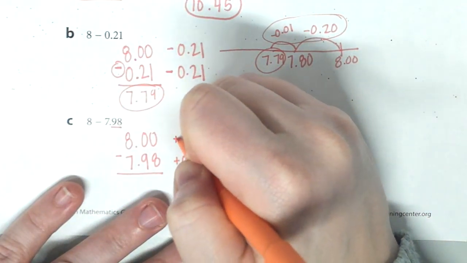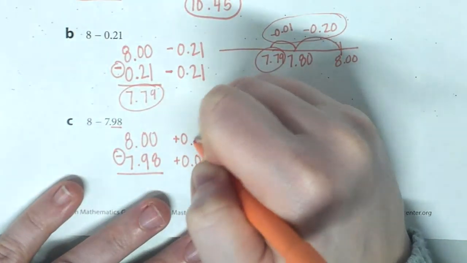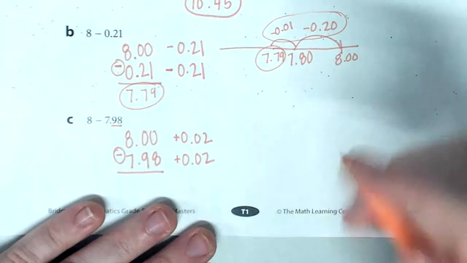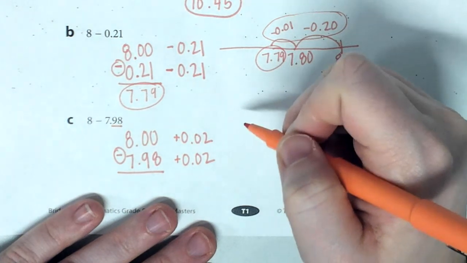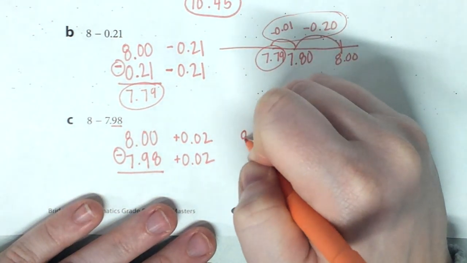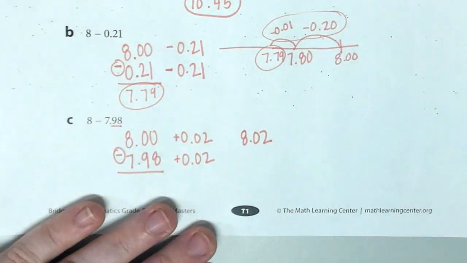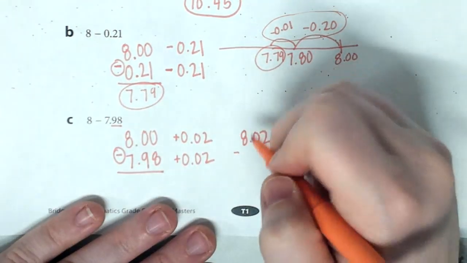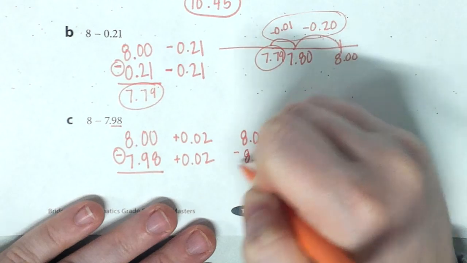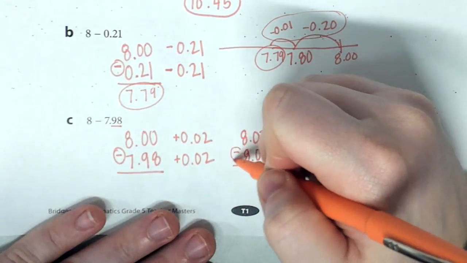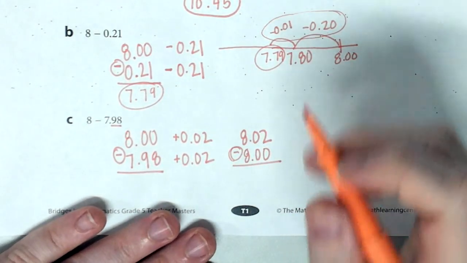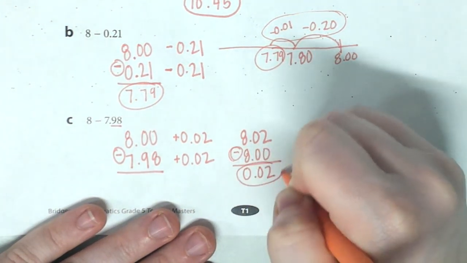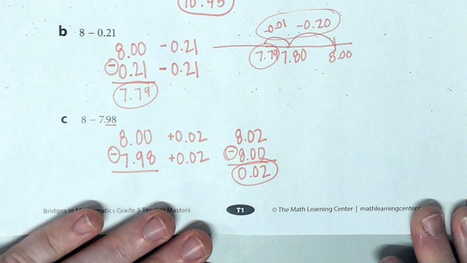Since it's constant, I have to do the same thing up here. Add 2 cents. My new problem, $8.02 minus $8. Now I can go ahead and subtract. I get 2 cents as my answer.